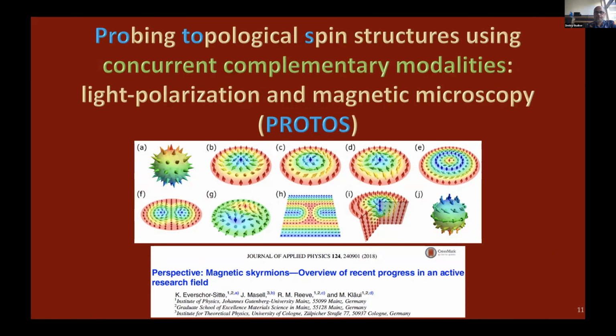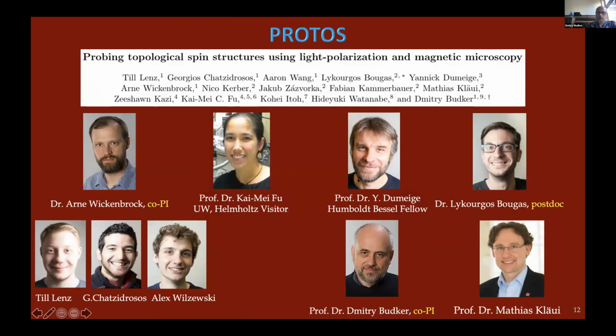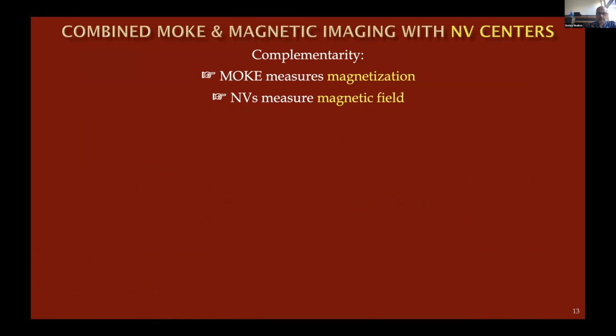So one of the projects that we have is called PROTOS, probing topological spin structures using concurrent complementary modalities. This is motivated by recent work of condensed matter colleagues, in particular Professor Chloe here, who have studied these very interesting spin structures on the surface of solids, and we decided to look into this together with them, with this set of wonderful collaborators.